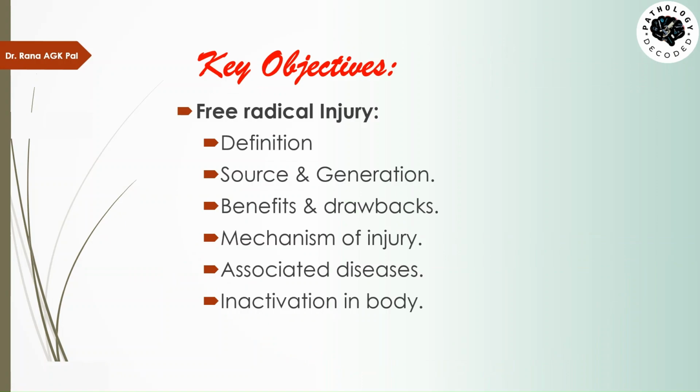How do they injure the cell? We covered those 3 steps by which the cell is injured by the free radicals in the body. We also discussed the diseases which are associated with the injury caused by free radicals. And finally, we discussed how they are inactivated in the body by antioxidants, by enzymes, as well as by transfer proteins, etc.